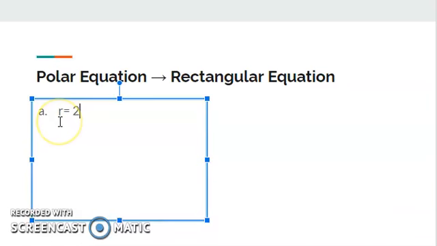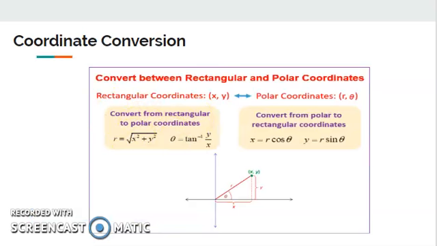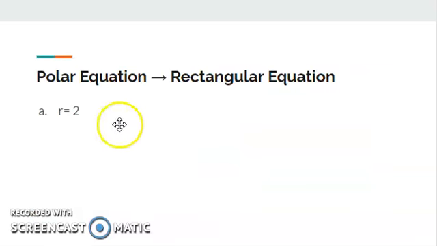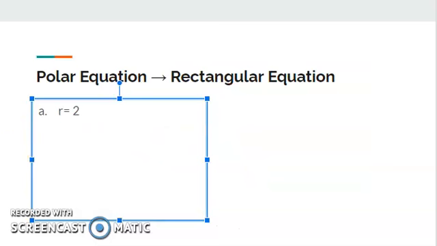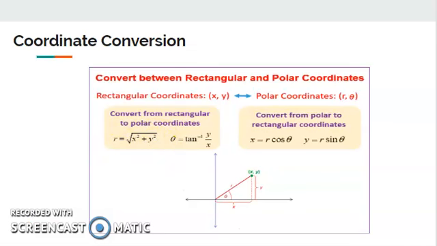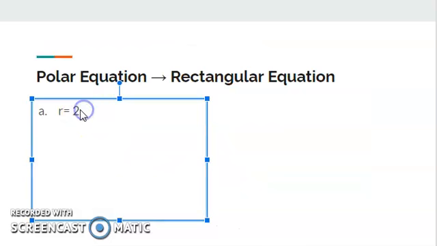So now we are going to convert from polar to rectangular. Last time we did polar to rectangular equations. For equations, we are going to use a combination of these here. So for r equals 2, we know that r equals the square root of x squared plus y squared.